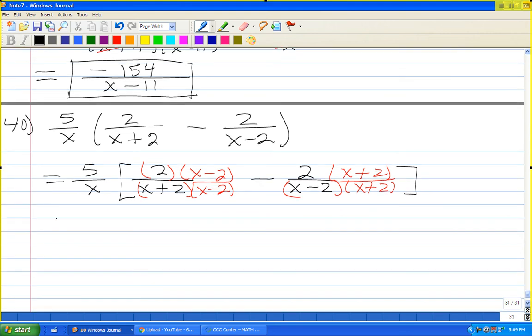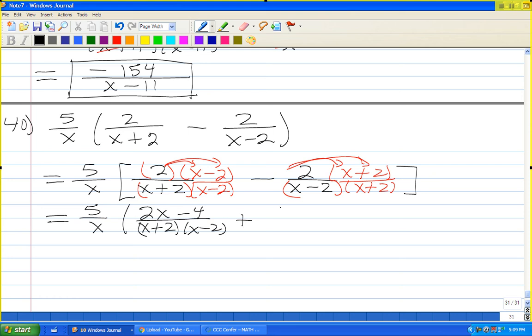And so I get 5 over x. I get a 2x, multiplying the 2 inside the parentheses, minus 4. Multiply the negative 2 inside the parentheses. So I get negative 2x minus 4. So this is equal to 5 over x. The 2x's cancel.